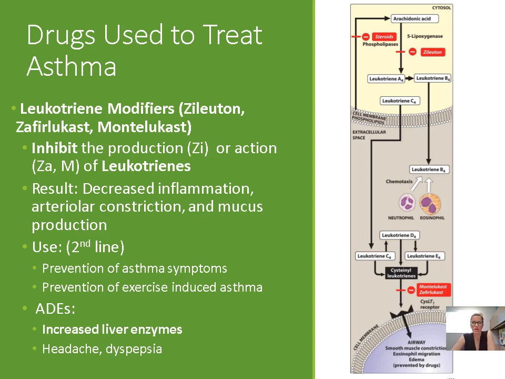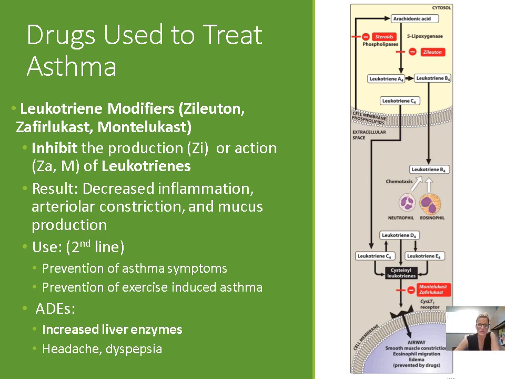Alternative drugs are added to inhaled corticosteroid therapy in patients who are poorly controlled on conventional asthma therapy. They can also be used in patients who can't tolerate inhaled corticosteroids. But if the patient is able to tolerate an inhaled corticosteroid, then these should be added on, used together with the inhaled corticosteroid.